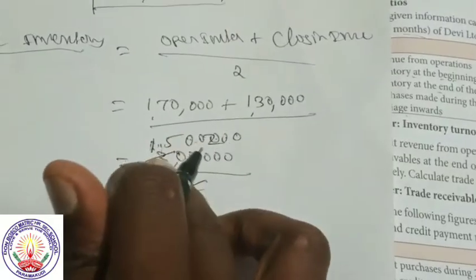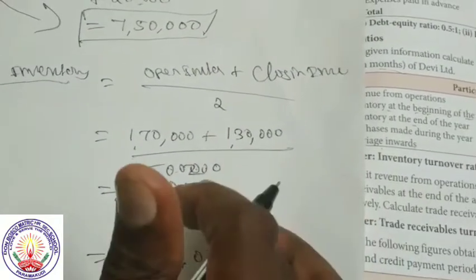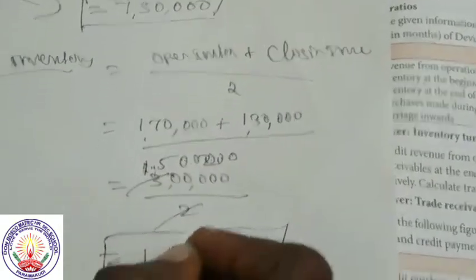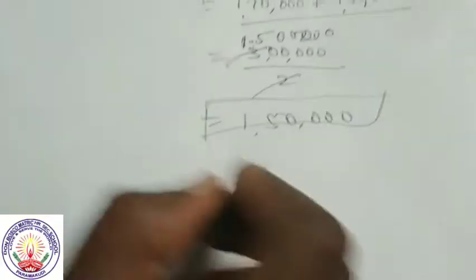Dividing by 2 means half of the amount. So the balance amount 1,50,000 is half of the 3 lakhs. Now find out the answer.